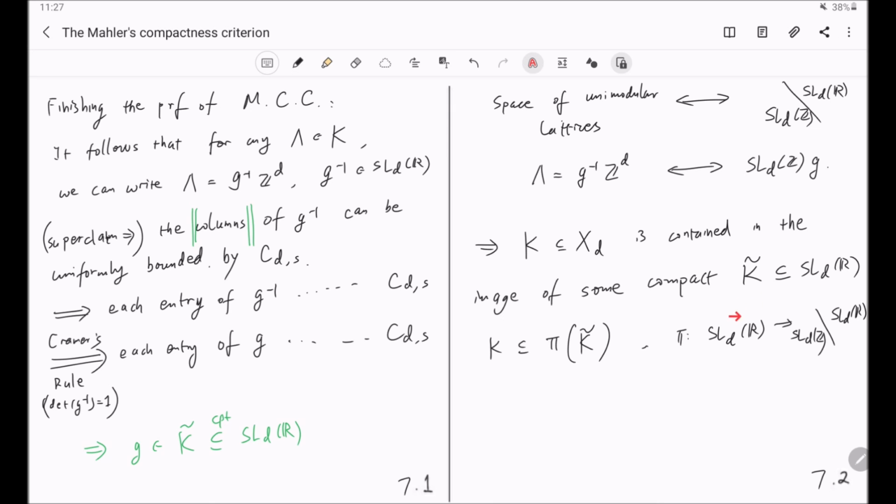But we know that this map is continuous, and the image of a compact subset is again compact. So K is contained in a compact subset. And in particular, because X_D is Hausdorff, the compact subsets are closed. The closure of K is also contained in that compact subset. So K will be pre-compact. And that finished the proof of Mahler's compactness criterion.